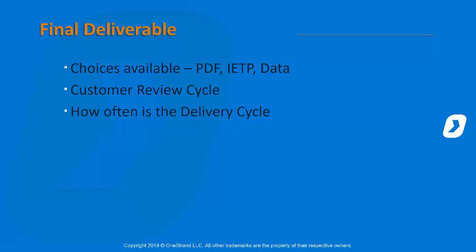I know one of our customers, when they deliver an IETP, because the customer doesn't want a data delivery, they have to prove that all the data modules are in the IETP and that all the links work. So they have to actually have a tool that is able to do the link validation, prove all the objects that need to be in the IETP are actually there, and provide that report with their IETP to the end customer.